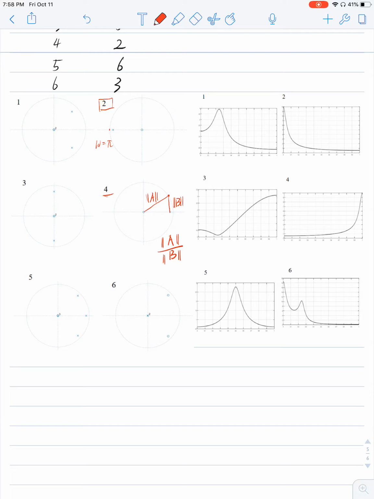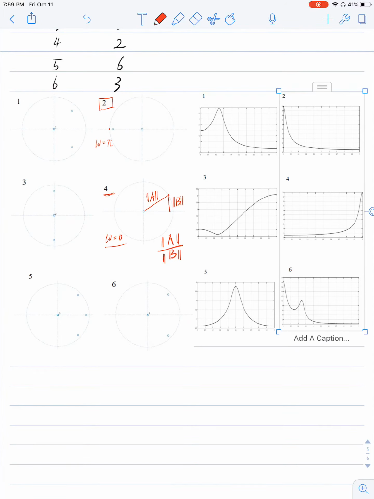And for figure 4, when omega equals 0, it has a maximum. So the corresponding frequency response for pole zero diagram 4 is obviously 4, and for pole zero diagram 2 it is 2.